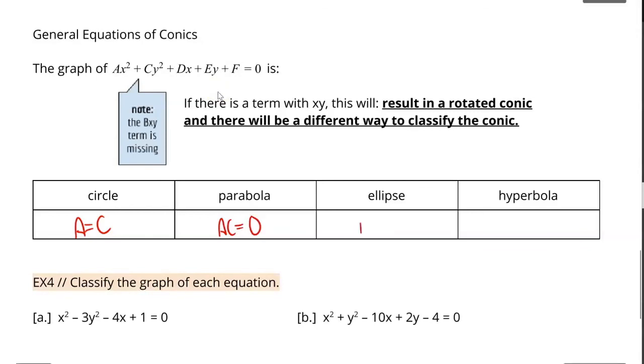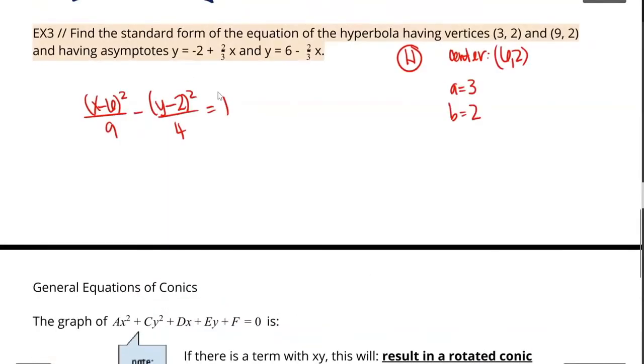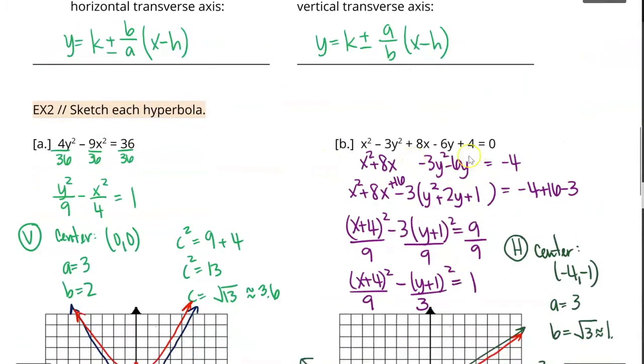If the product of A and C comes out to be positive, meaning both your A and C have the same sign, like they're both positive values or both negative values, you're going to have an ellipse. Whereas if they have different signs, it's going to be a hyperbola, because notice the x and the y are opposite signs.